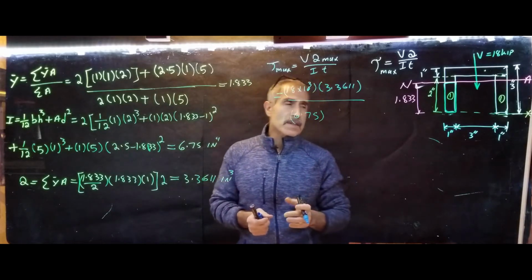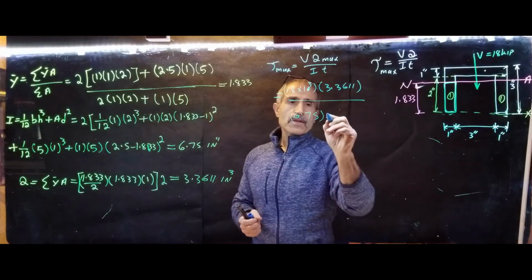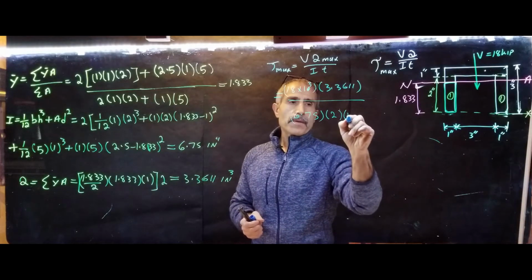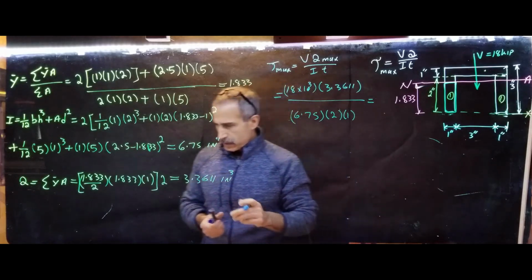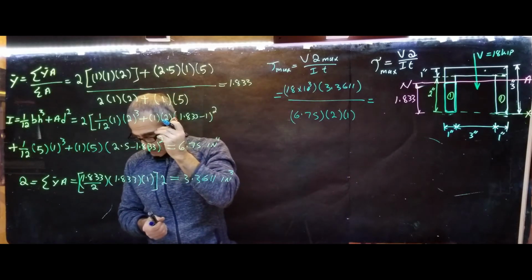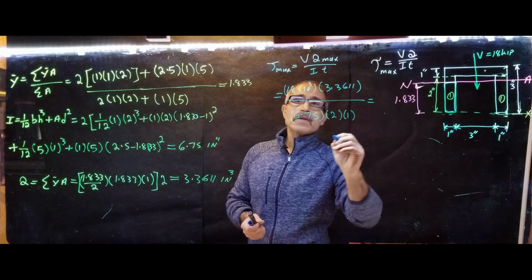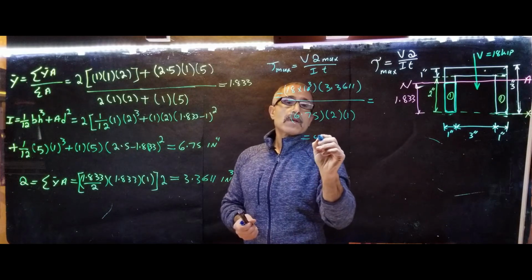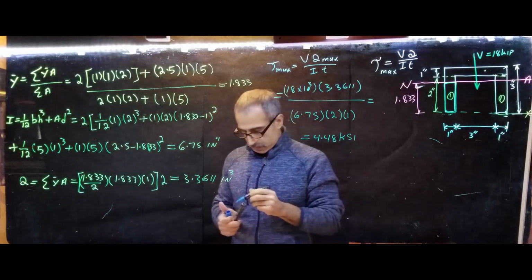Now what's the thickness here? Yeah, it's 2 times 1 inch. There's 2 of them, don't forget, so times 2 times 1. And that comes out to 4.48 KSI.